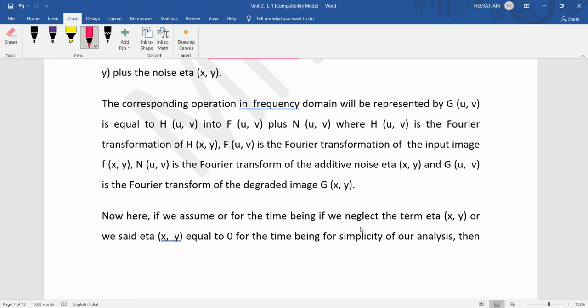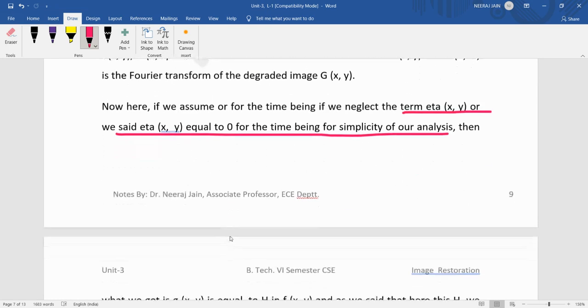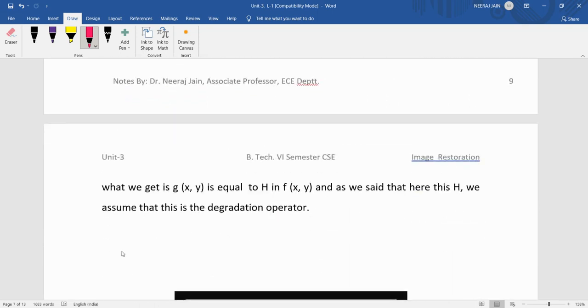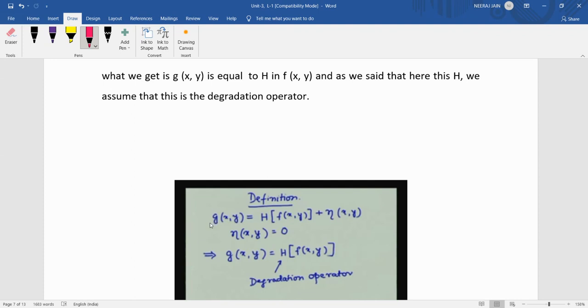Now if we assume for the time being that we neglect the term eta(x,y), and remove the noise signal for the purpose of simplification of the function, then our function in the spatial domain g(x,y) will be H f(x,y), where H is the degradation operator.